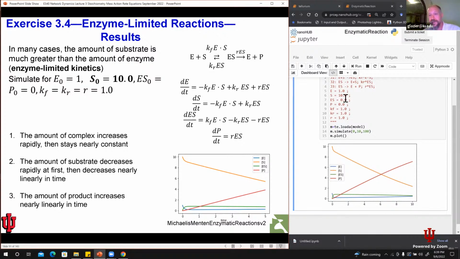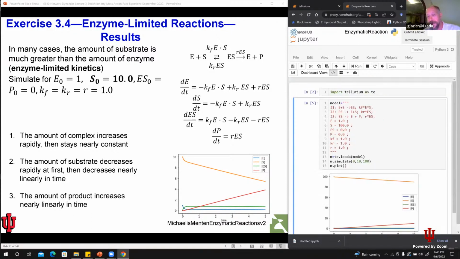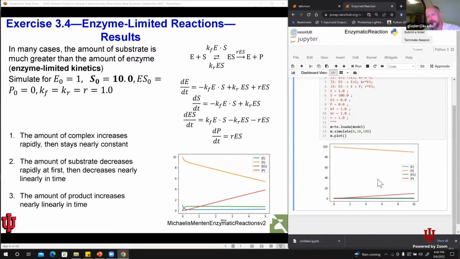If I made this 100 rather than 10, it would be even clearer. Effectively here, the amount of complex is constant in time after a short equilibration. The rate of increase of product is constant in time. That's called an enzyme limited reaction.